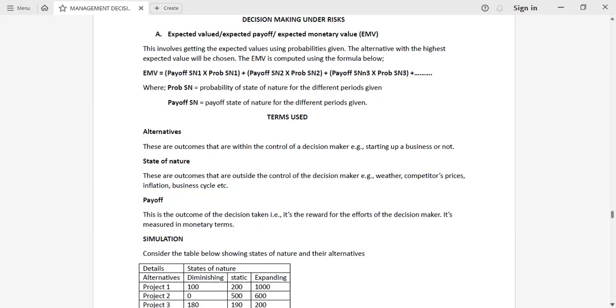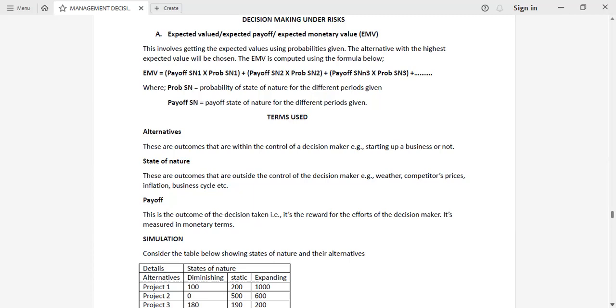So what is this? This involves getting the expected values using probabilities given. In other words, this is the mathematical way we compute the results that we want. But how are we going to be making the decision? We pick that alternative that has the highest expected value, and it will be that alternative that we will choose.